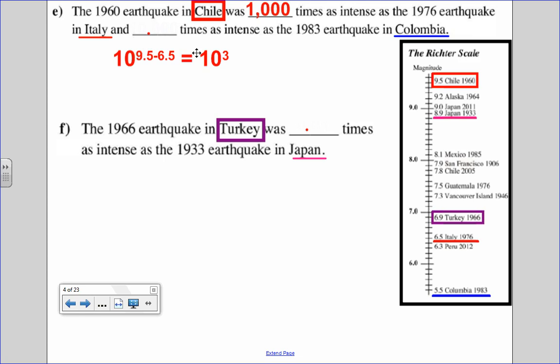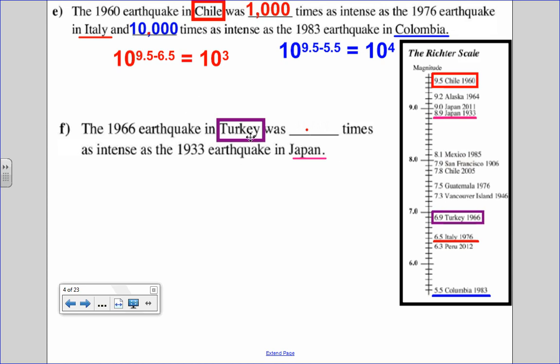Now let's compare that to the earthquake in Colombia. Chile was 9.5, Colombia 5.5. Chile is 4 units higher on the Richter scale, so it will be 4 factors of 10, 10 exponent 4, 10,000 times more intense.